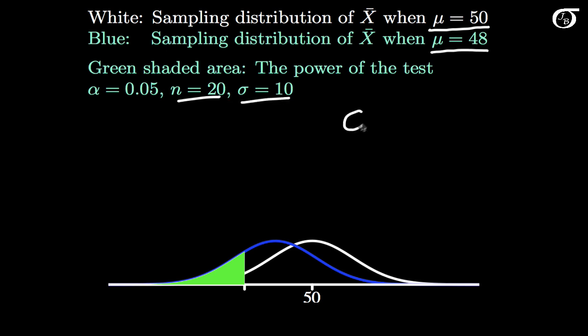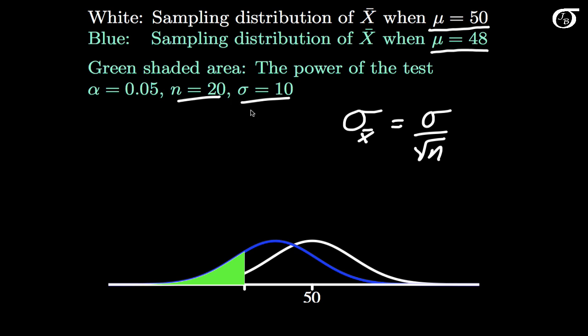Recall again that the standard deviation of the sampling distribution of x bar is sigma over the square root of n. So if sigma were to decrease here, the variability in these curves is going to decrease, and the green shaded area representing the power is going to increase, in much the same way as when we looked at the sample size increasing.